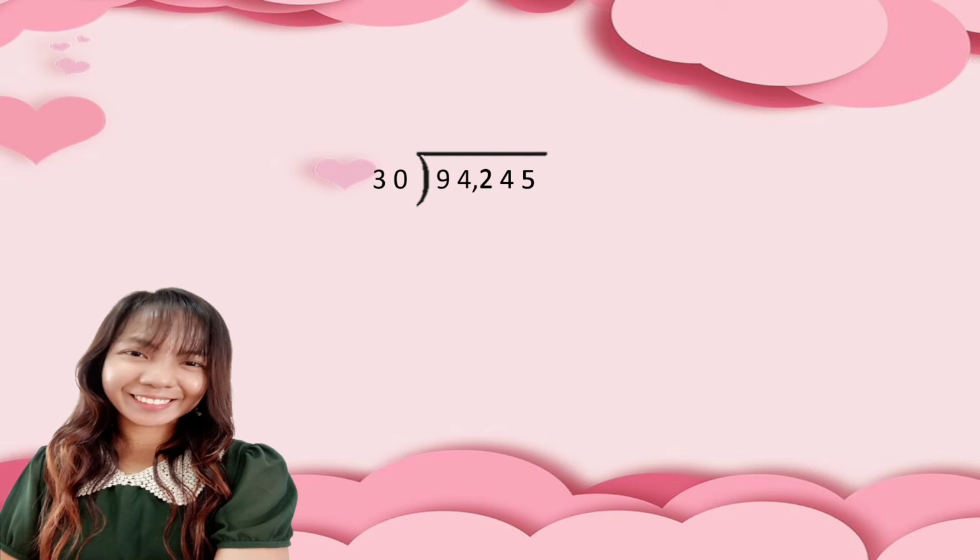Okay, another example. 94,245 divided by 30. So let's use again the family as representatives for the long division, okay, so that you will remember the process. So divide: 94 divided by 30. The answer is 3. And don't forget to line up your answer to the last digit of the number that we used in dividing numbers, okay?